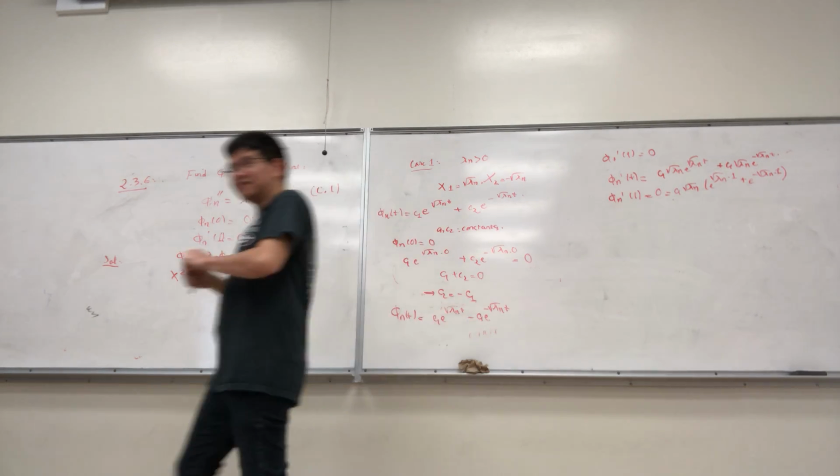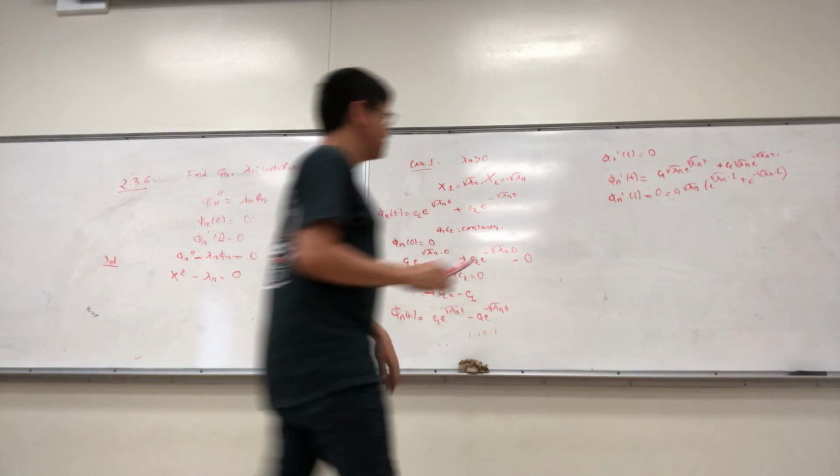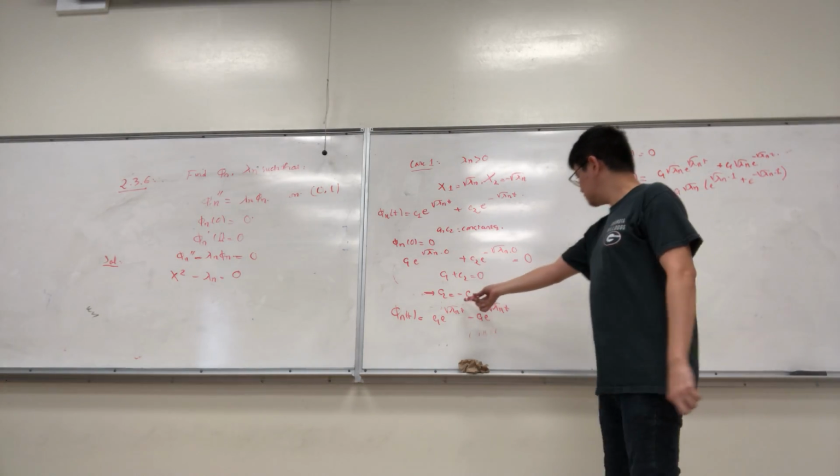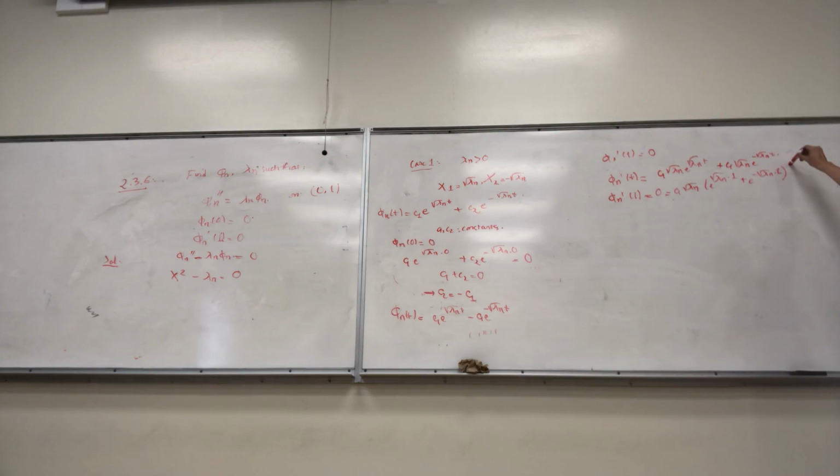Why isn't the second part of the term negative C2? Aren't you bringing out the negative when you take the derivative, the negative C2 root lambda n?